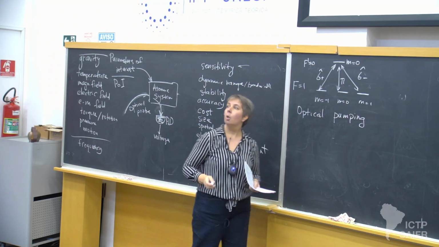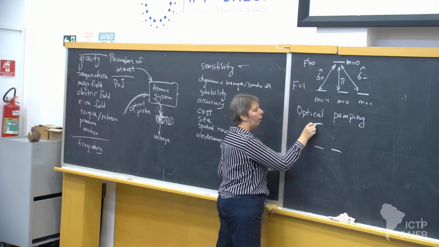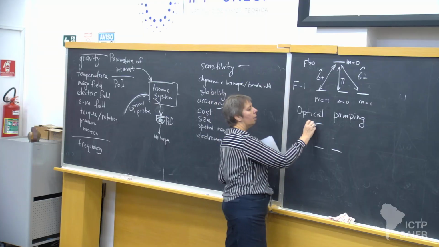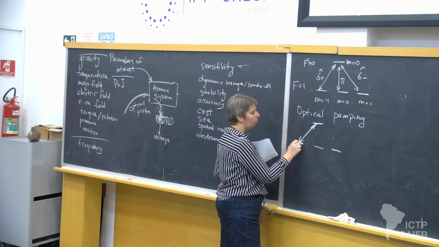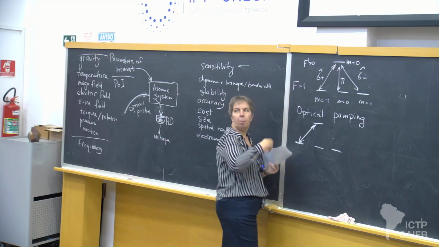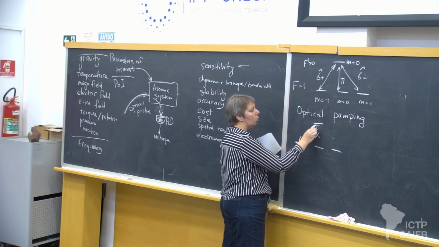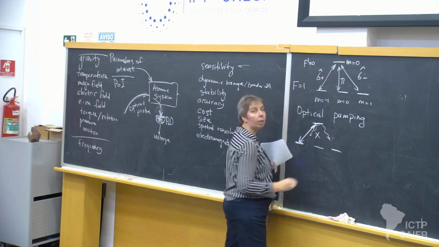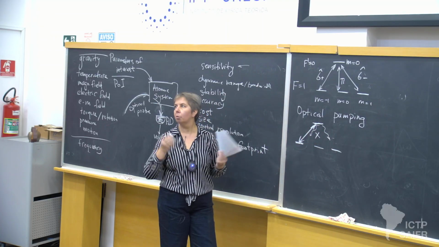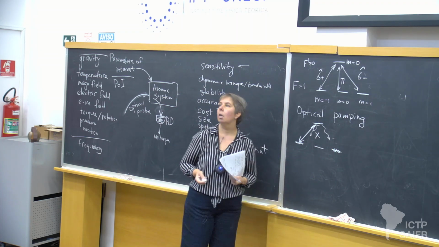So what happens in this case, I'm going to introduce only one of those fields, right? And in this case, if the atom is in this state and it gets to the excited state, and usually we apply a magnetic field, so this transition is just not allowed. Of course, the atoms can decay into both of them. But if you pump for long enough or hard enough, basically you end up with the atomic polarization in the other state.